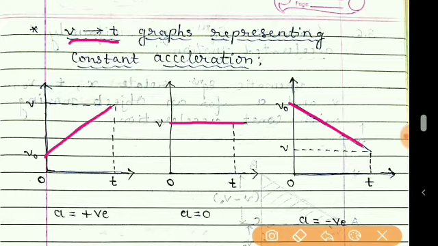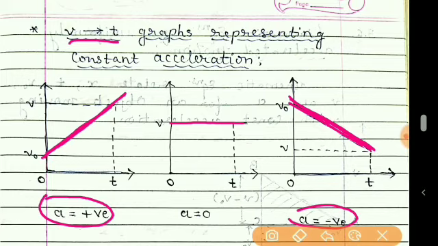And if it is a straight line, means acceleration is constant, but here the slope is upward in the first graph, and so acceleration will be positive. If the slope is downward, then acceleration is negative. And if there is no slope, means a horizontal line, then acceleration is 0. So students, remember these things.